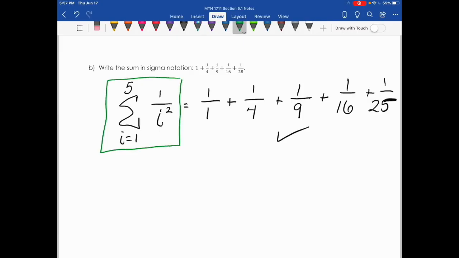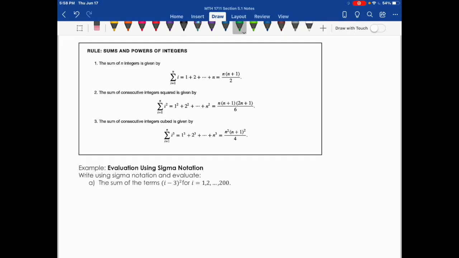Now, in this highlighted box here, we have a list of rules for sums and powers of integers. When we are adding, using sigma notation, a bunch of terms, if we're adding I repeatedly, so 1 plus 2 plus 3 plus 4, all the way up to whatever the value of n is, rather than writing it by hand, or if we don't have that option on our calculator to find the sum for us, we can just use this formula here.